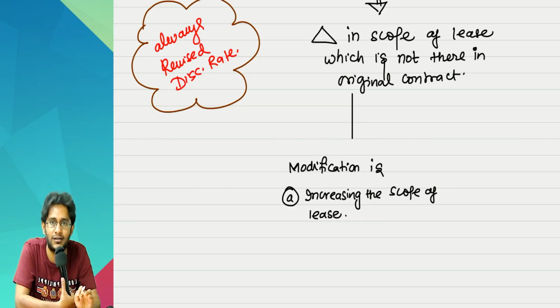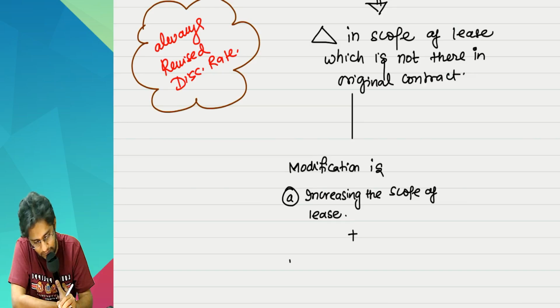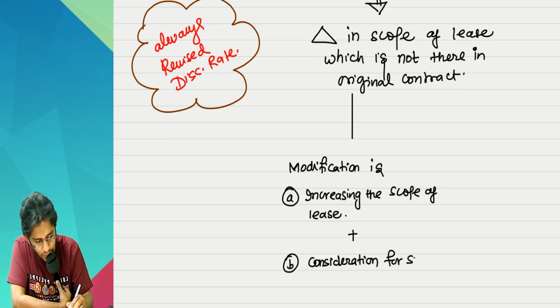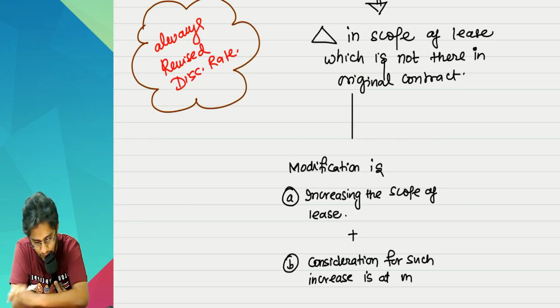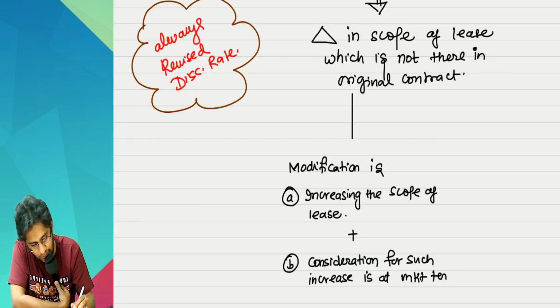When you see the case, you will understand that the increase or decrease or status quo is maintained. That is not a difficult part. Plus, consideration for such increase is at market terms.